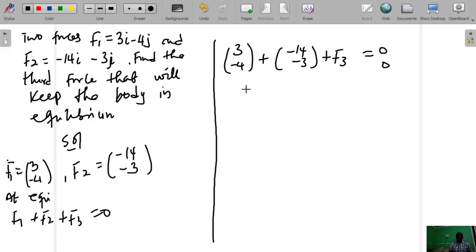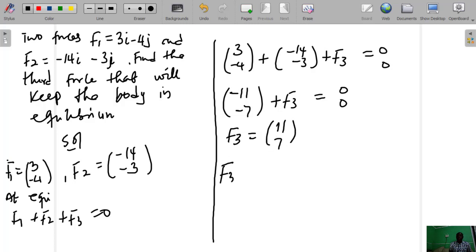So let's add these two. We get minus 11, minus 7, plus F3 is equal to 0, 0. So when you do this, you are going to get F3 is equal to 11, 7.